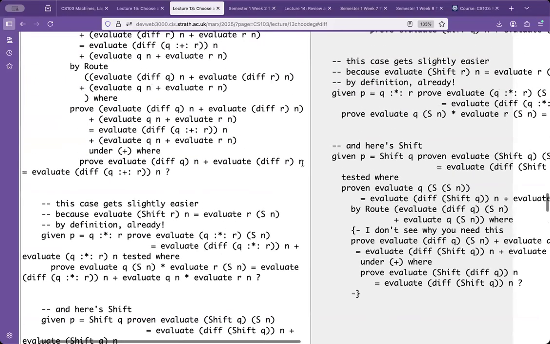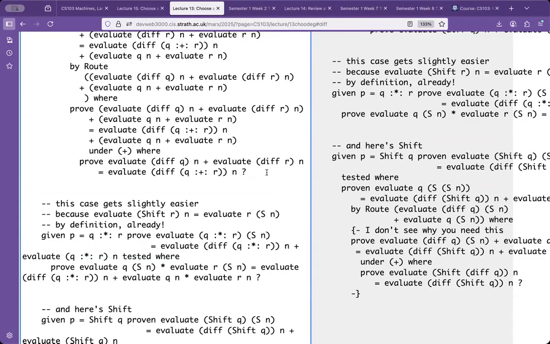Okay? And now we're left with a goal which we can't make any more progress on until we've actually done the definition. But this is a pretty big clue as to what the definition has to be.